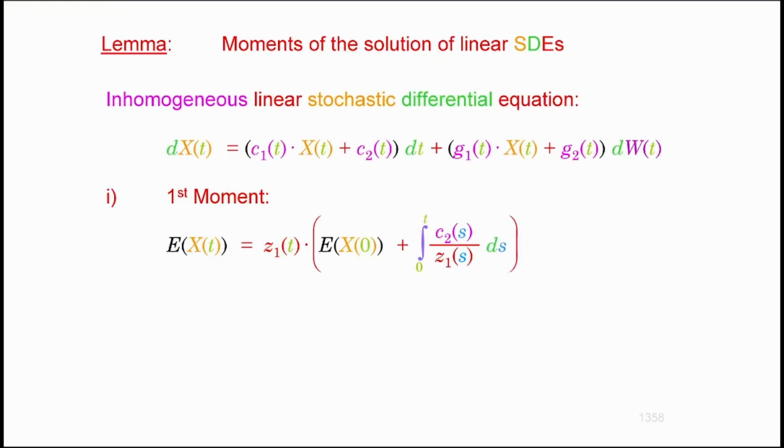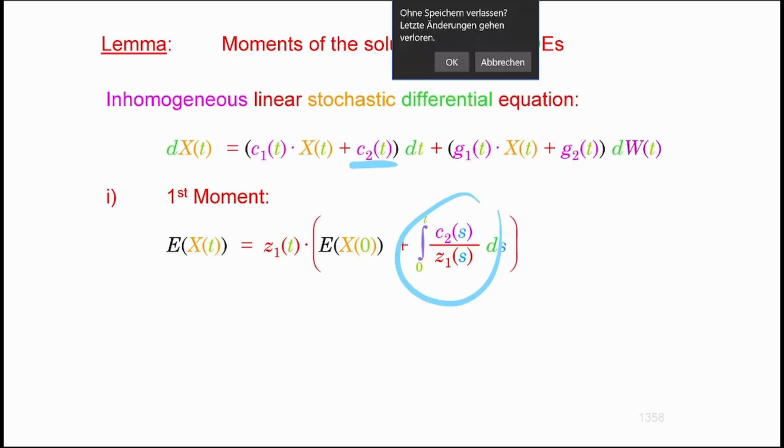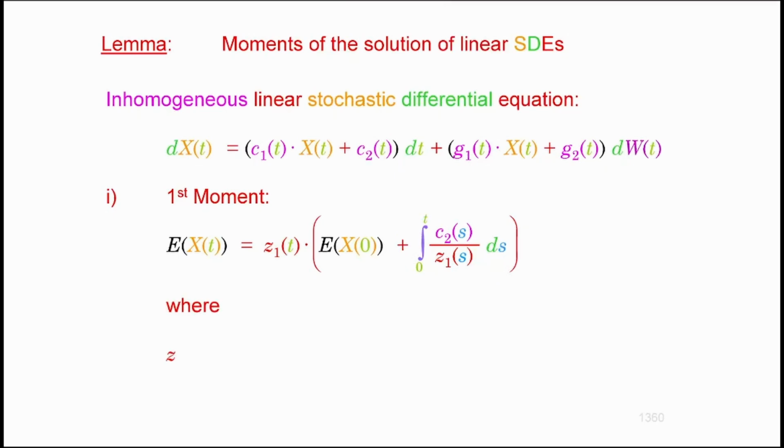If there is no additive function in the diffusion, then this integral will be 0. If there is, then you will need to take care of that. For example, for the Ornstein-Uhlenbeck process, there is one, but for the geometric Brownian motion, there is none. And then you have Z1, which resembles the functions that you saw.